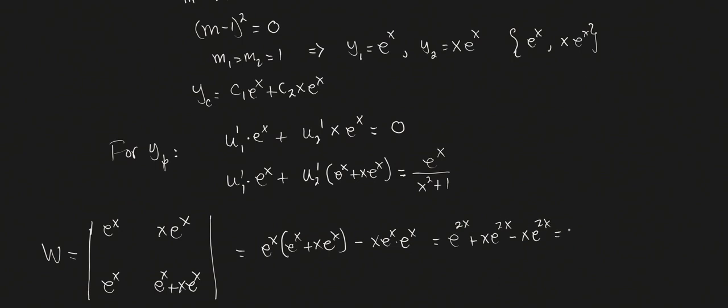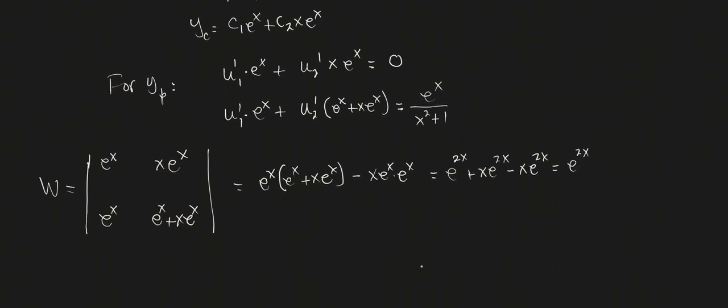So that's nice. The Wronskian comes out to be e to the 2x, which we know is never 0, right? So none of our previously developed theory is broken. The Wronskian is never going to be equal to 0, because the elements of my fundamental set must be linearly independent, all right?